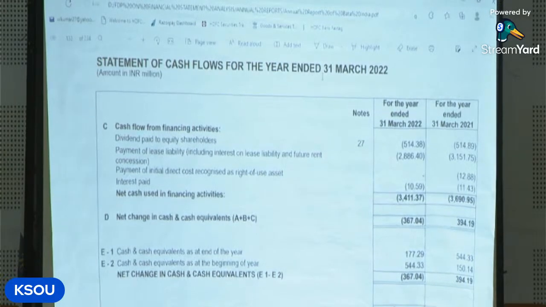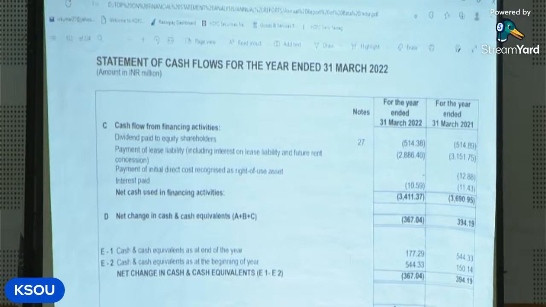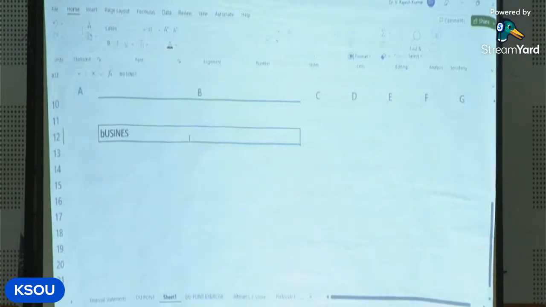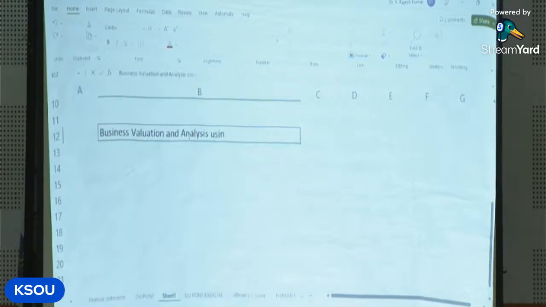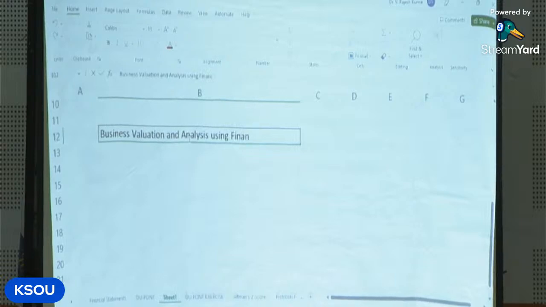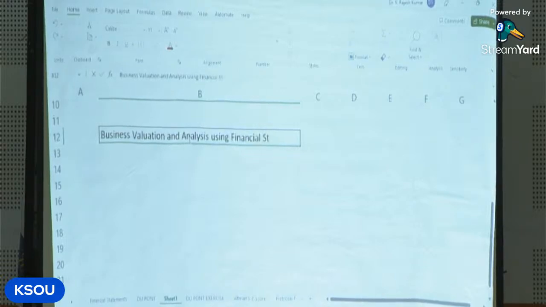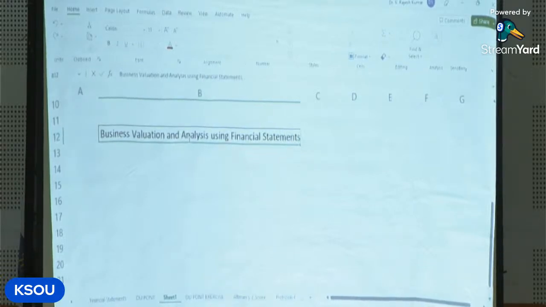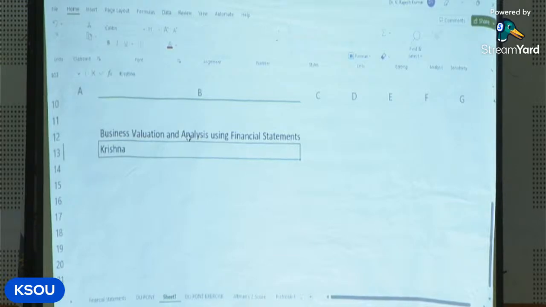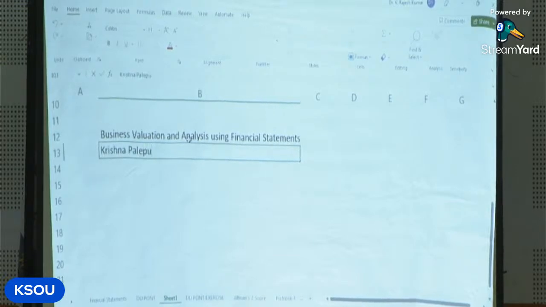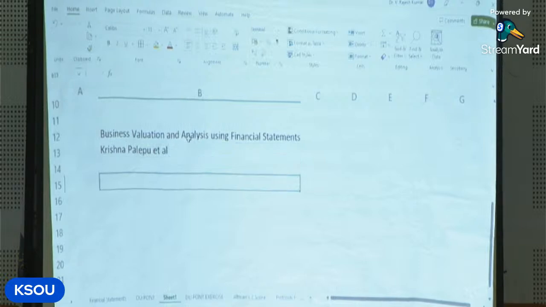There's a very, very interesting book. This is the title of the book: Business Valuation and Analysis Using Financial Statements, by Krishna Palepu et al., plus a few other authors.